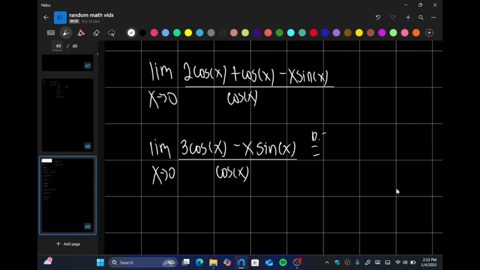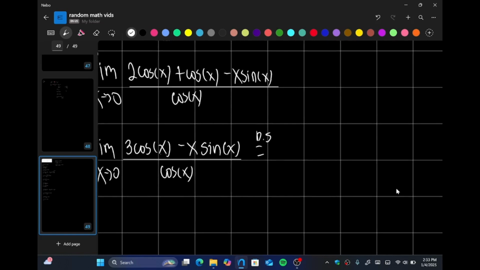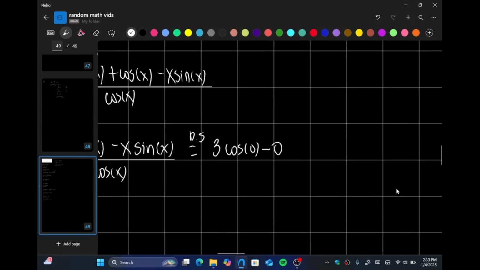So by direct substitution, we're going to say 3 cosine of 0 minus 0 times sine of 0 all over cosine of 0.